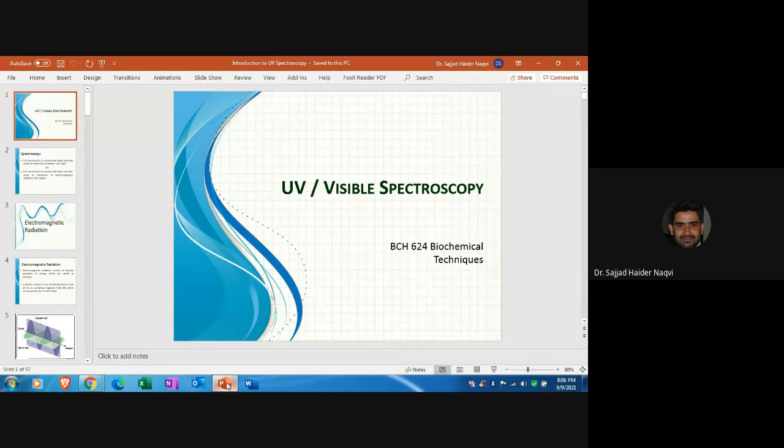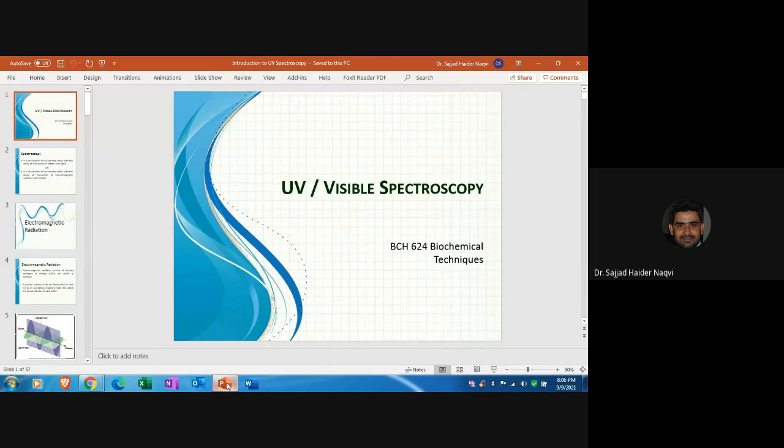As part of the course layout, we are going to discuss UV and infrared spectroscopy. But I'm going to share a little bit of information about UV/visible spectroscopy just to give you a better understanding of this technique.